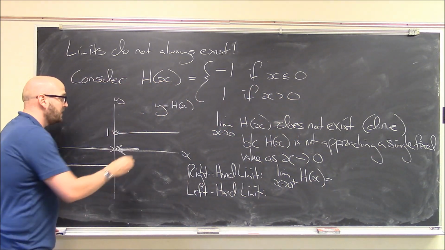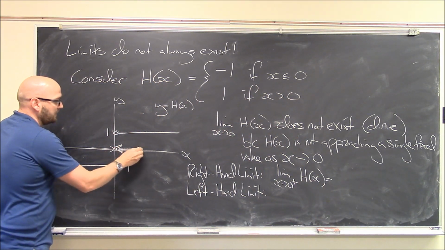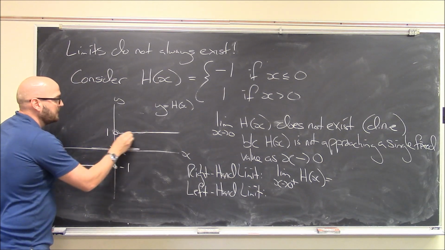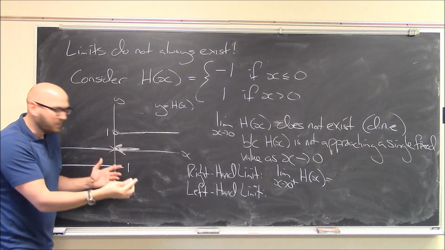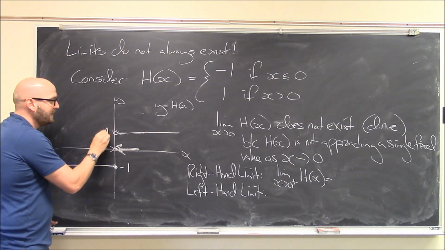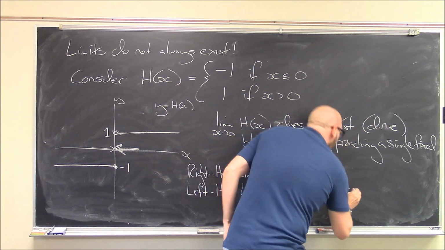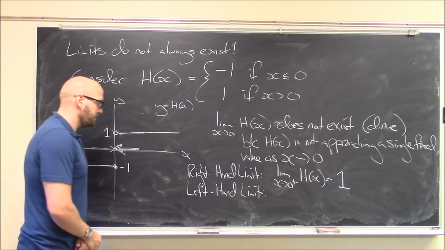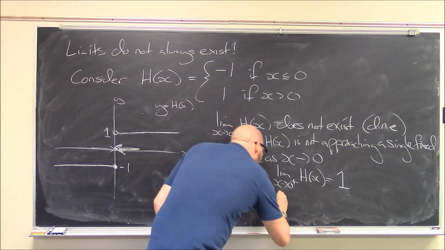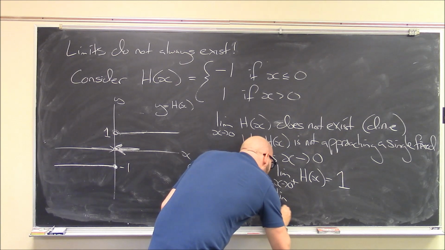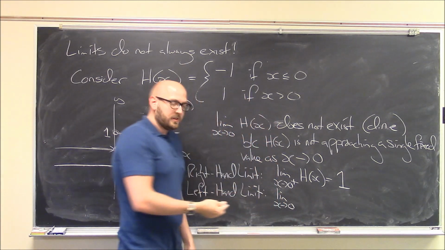And what does that equal? Well, as we agreed, as x approaches 0 from the right, my function is getting closer and closer. In fact, it's always equal to this value, but it's getting closer and closer to positive 1, right? So this guy exists, and it equals 1. Meanwhile, the limit as x approaches 0 from the left, how do you indicate from the left?